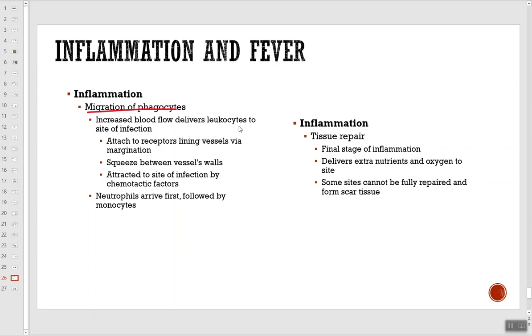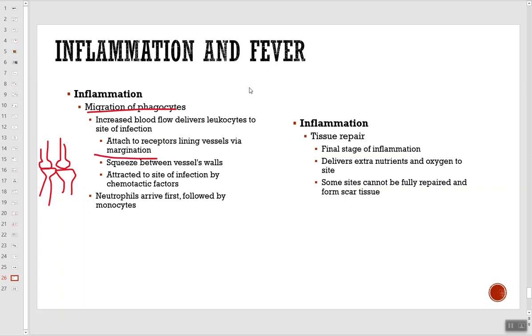And the vessel cells are also going to start producing some receptors that the white cells can use to slow themselves down. Think of it like rolling over Velcro and coming to a stop. And once they come to a stop, that's margination.